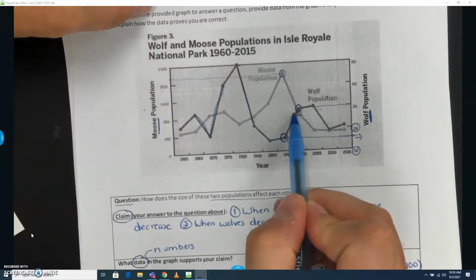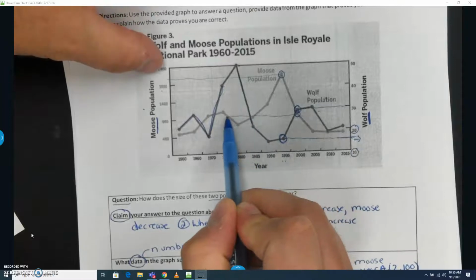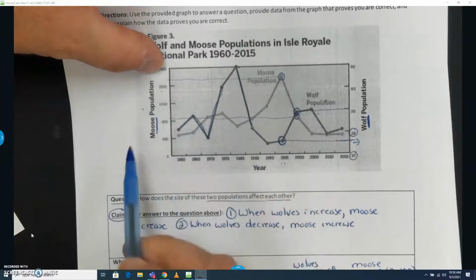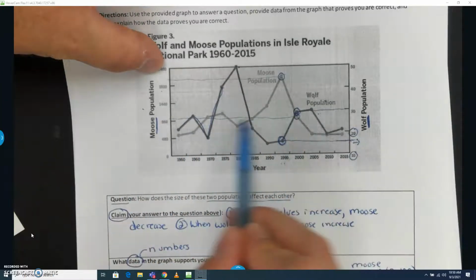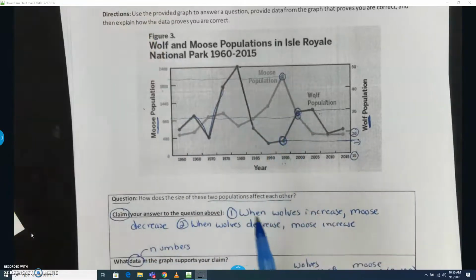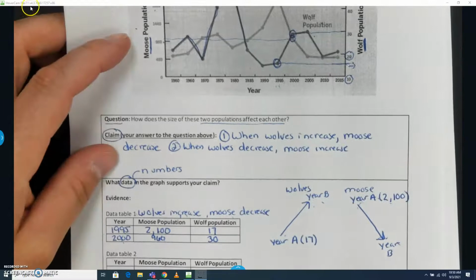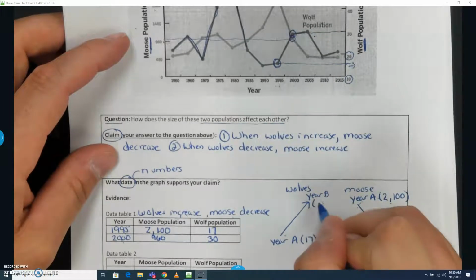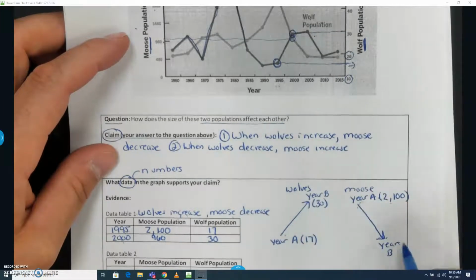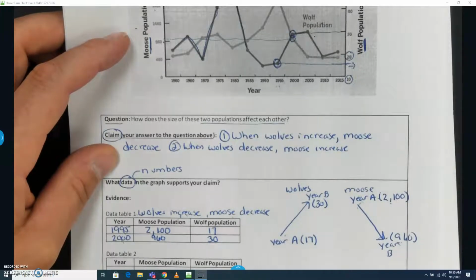And then my moose population, again, got to use the left side. A little bit above 960. Maybe that is right at 960. My line isn't exactly straight. We'll just say 960. So we finished with 30 wolves. We finished with 960 moose.